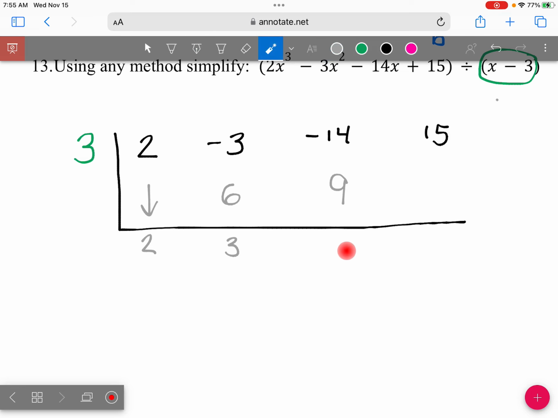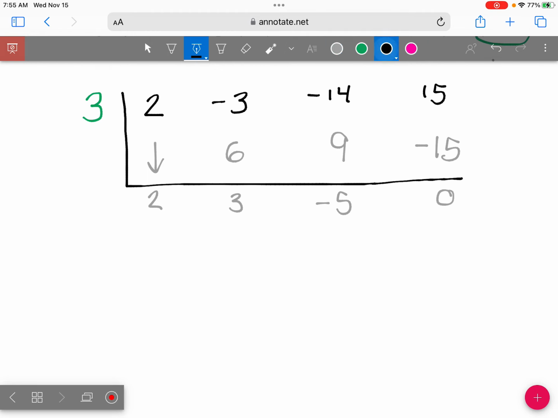What goes here? -5. What goes here? -15. And what's our remainder? 0. So what is our answer? What is our polynomial answer? 2x squared. Careful of your signs because this is plus 3x minus 5. Super close though.